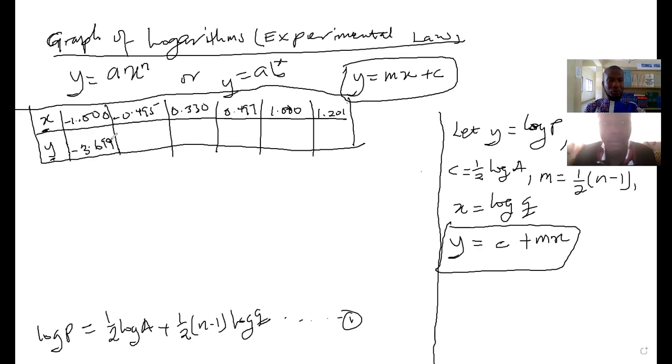Okay. And the next one is -2.194. So three decimal places, 194. Oh, okay.